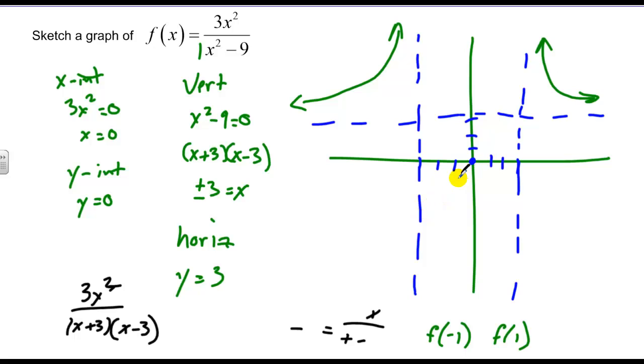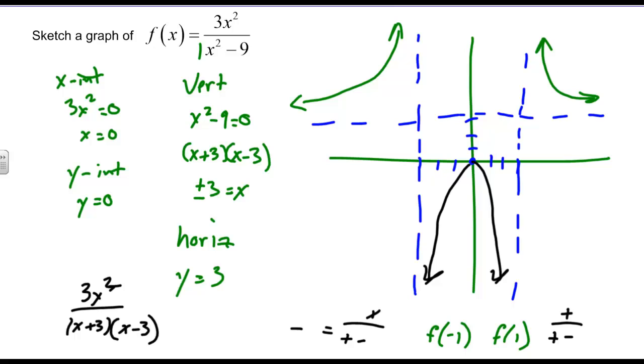So I get a negative value on that side. When I plug in a positive 1, I get a positive over a positive and a negative once again. And you'll notice it gives me a negative as well. So the graph's going to look something like this.